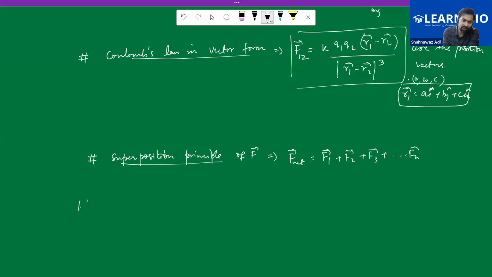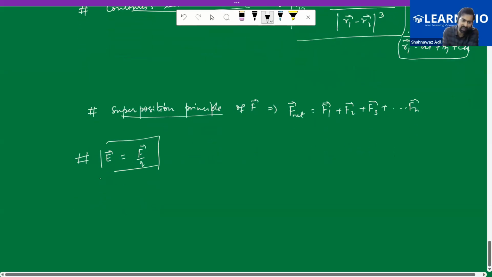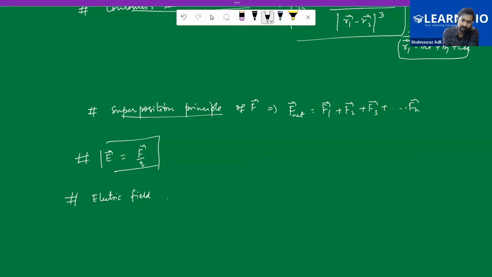And then we have talked about electric field, that is simply force per unit charge. And then we have calculated the electric field due to a point charge. So how much is this? Electric field at a point is simply KQ by R squared.